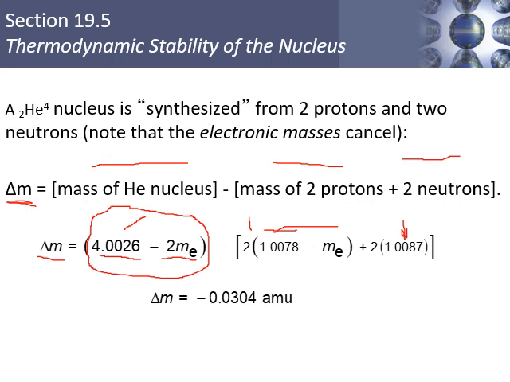But if you do it this way, you're going to wind up on this side with a minus times a minus, which means plus 2 times the mass of an electron, and over on the left-hand side, we've got minus 2 times the mass of an electron. So minus 2 ME plus 2 ME is 0.